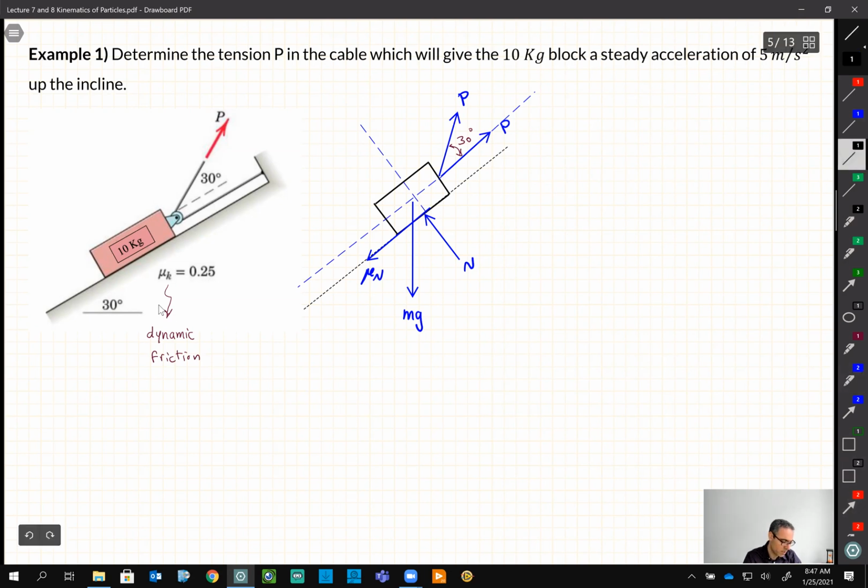So this mg, I break it into its components. You see, I'm just breaking these forces into their components. We'll do the same for the other force here, P.